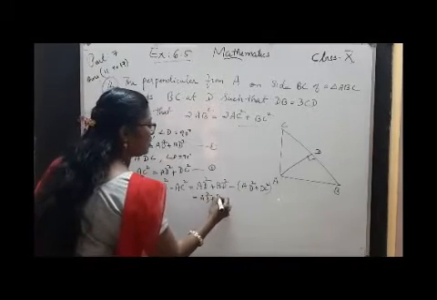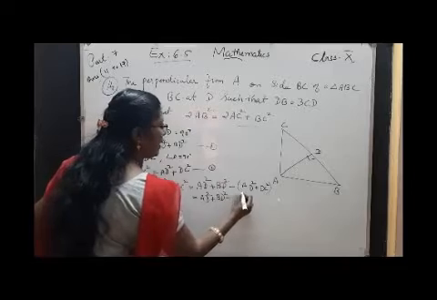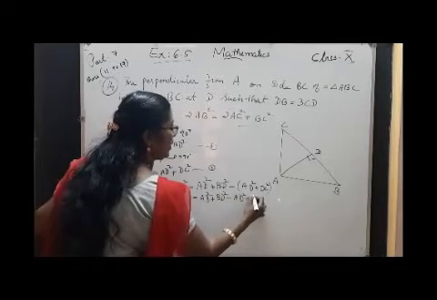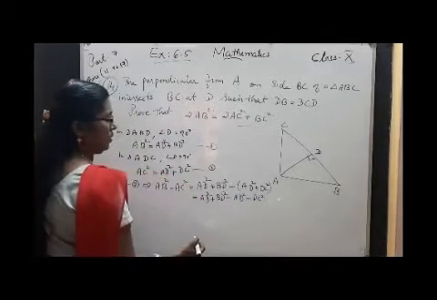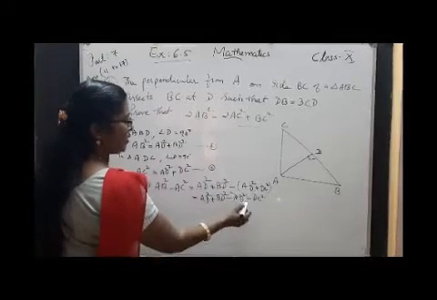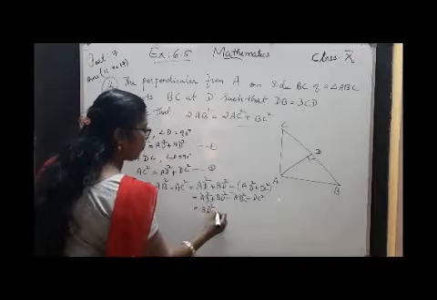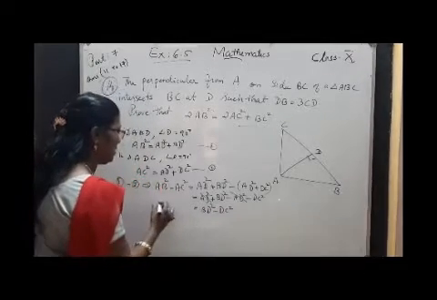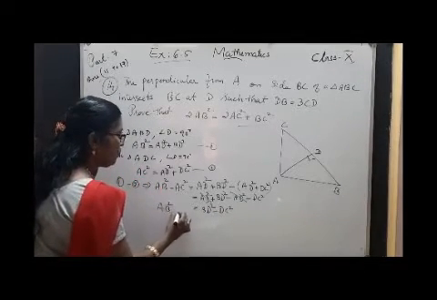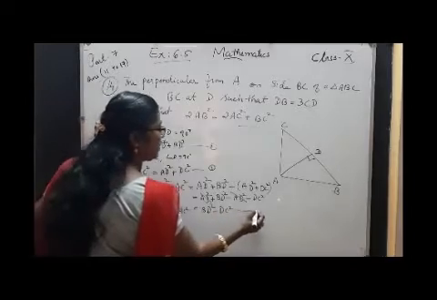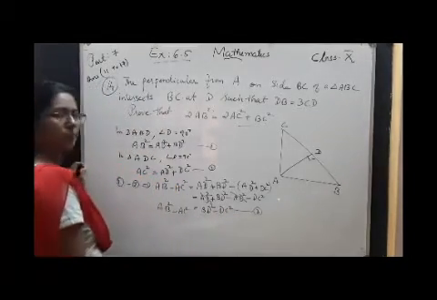AD square plus BD square minus AD square minus DC square. Here AD square cancels, then BD square minus DC square, that is AB square minus AC square, equation number 3.